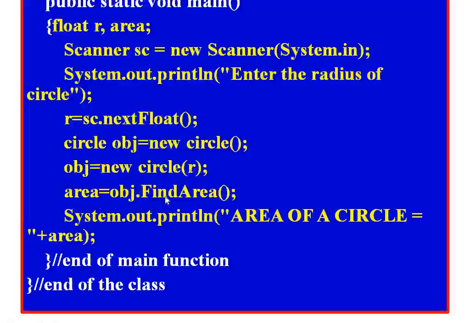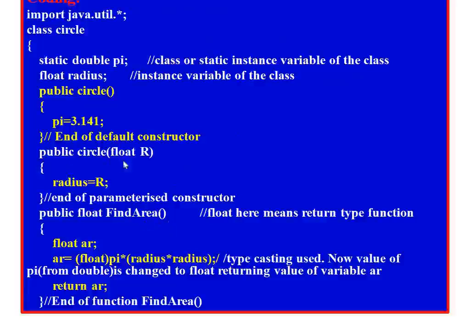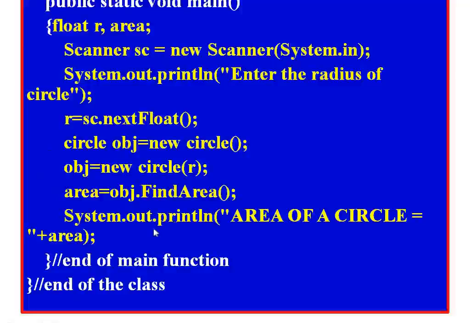Area equal to obj dot find area, System.out.println area of a circle equal to plus area. So end of the main function and end of the class. Look here: it is float r, radius r is initialized. So which one is passed here? r equal to sc dot next float, here r is passed.